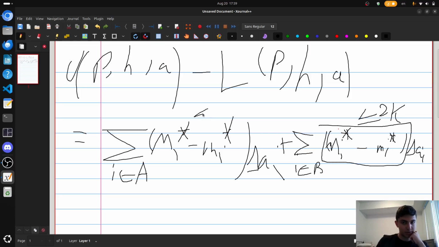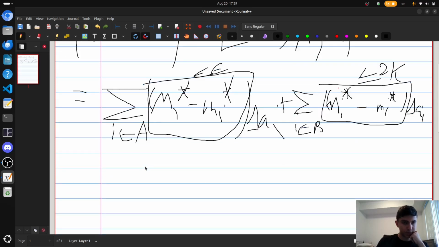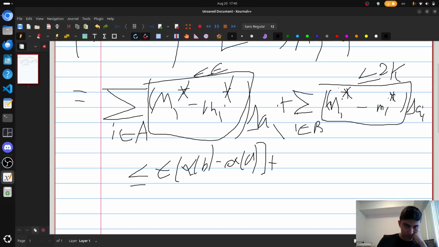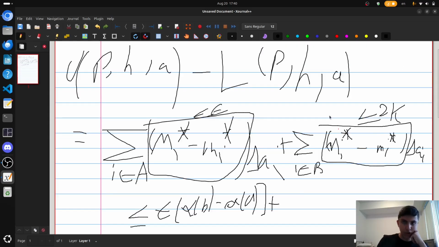So all this thing is less than or equal to epsilon, and the sum of the delta alpha I over here is going to be alpha b minus alpha a, which is the endpoints, plus, sorry, not delta.